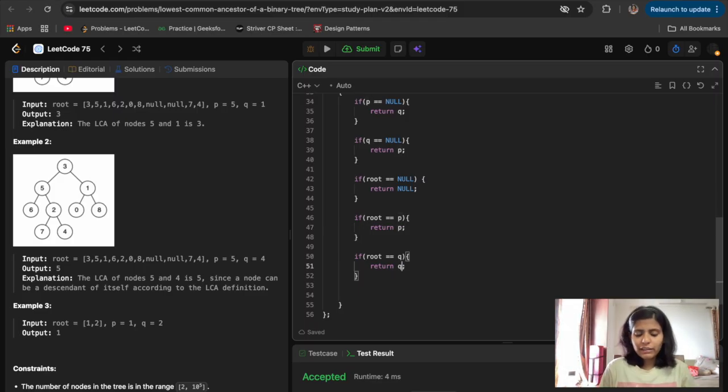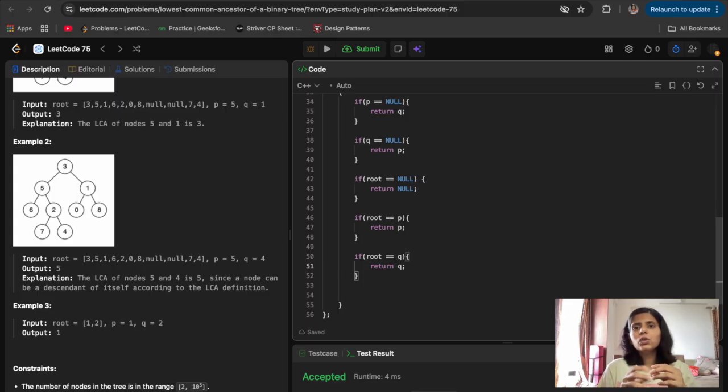If I found P, I can say that I can find Q further, and now I will return P. And if I found Q, I can say that I can find P further. Right now I found Q, and this is the common ancestor only, because if I go ahead, then we are going to the node's children, right?